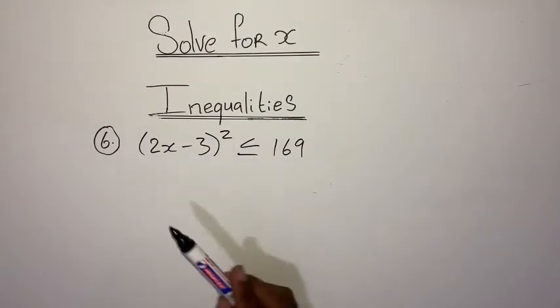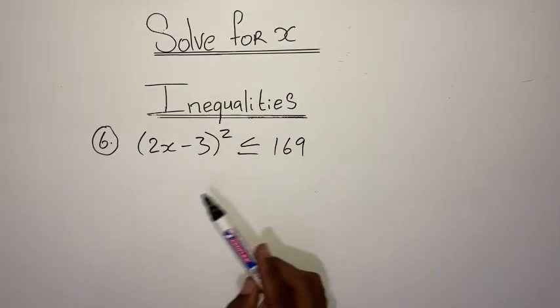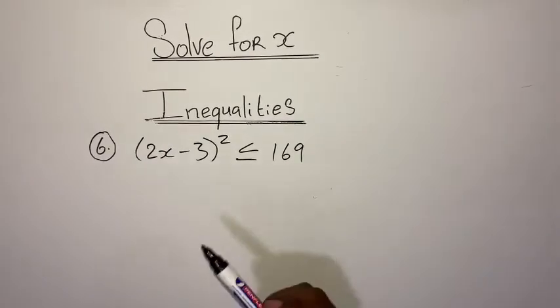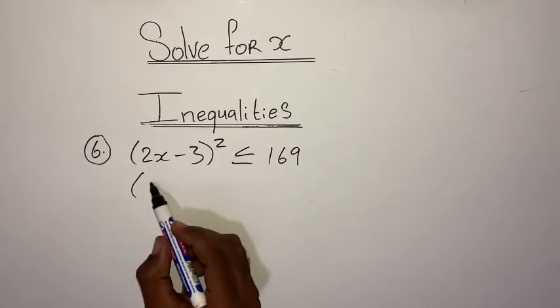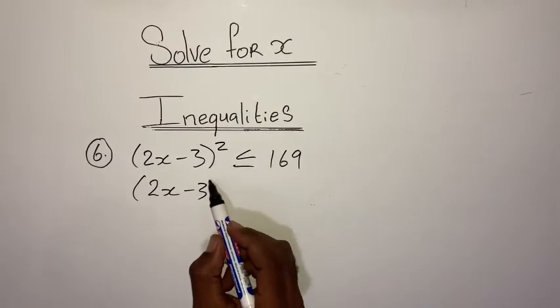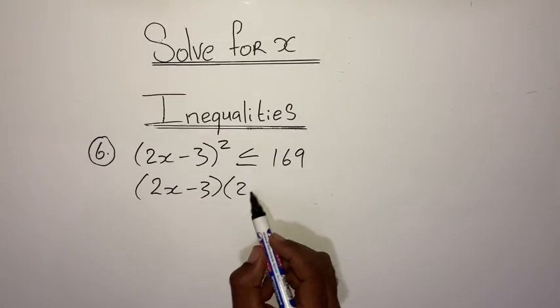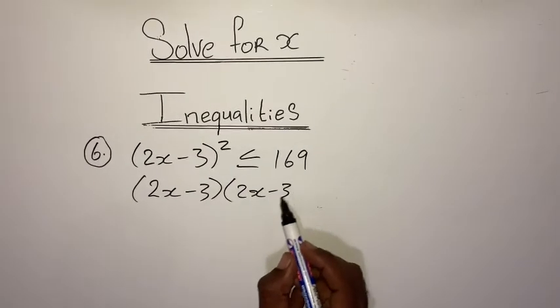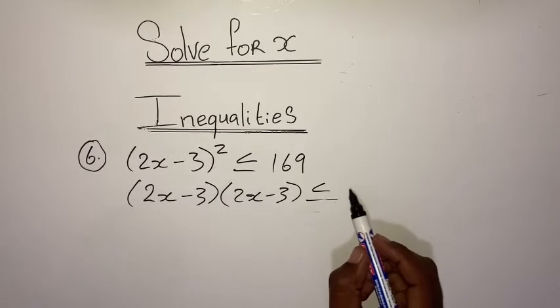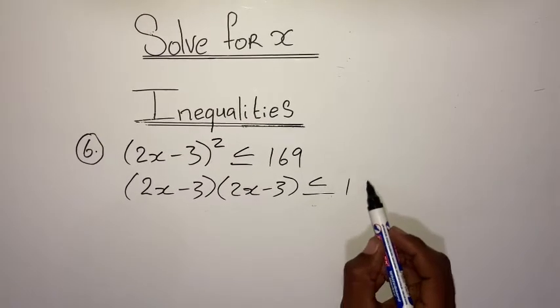Then for such a sum, remember there's a 2, meaning that you're going to have the same bracket twice, which is (2x minus 3)(2x minus 3), still less or equal to 169.